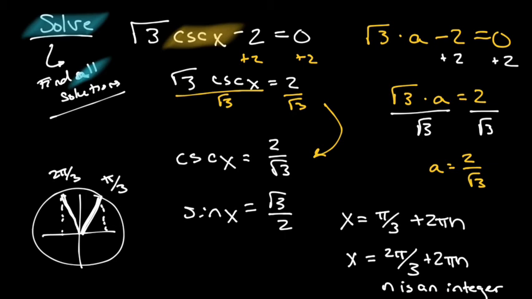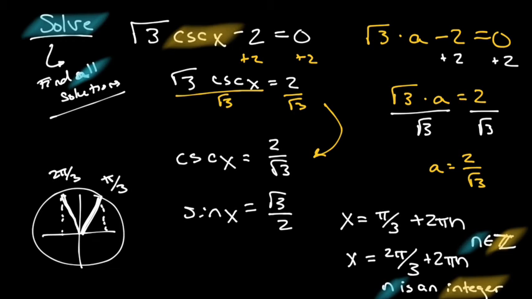So n is an integer, which I'm often going to write in this way. I'm going to say n is an element of the integers. That little symbol means that n is an element of the integers. This symbol right here means integer, and the symbol in between is read as "is an element of."